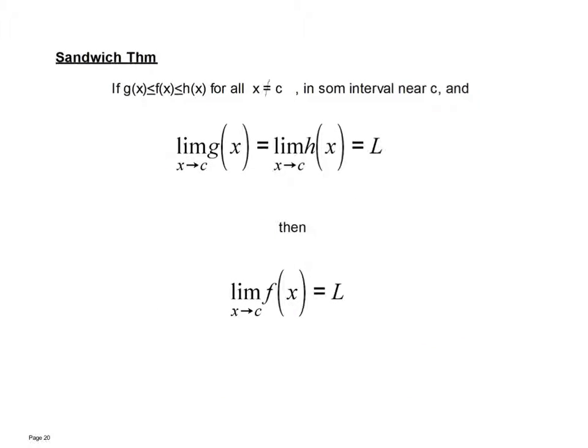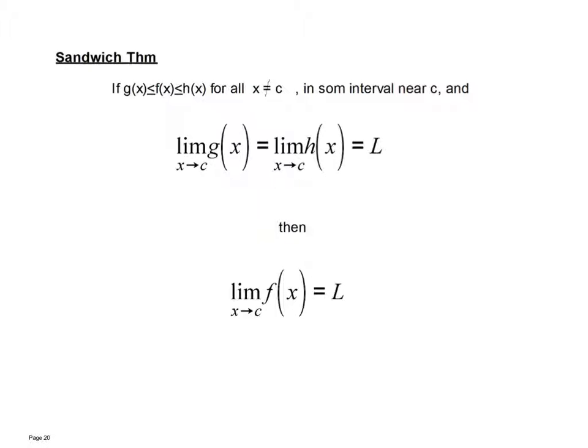Now, the sandwich theorem is really very basic. I don't want to go over it a lot. It's sometimes covered on the AP exam, so we're going to cover it very briefly. Here's what it basically says. If you've got some functions and you don't know a whole lot about f of x, but you know that it's always between g and h, and you're trying to find the limit as x goes to c for f, but it's really hard to tell what it is because it's a crazy function.